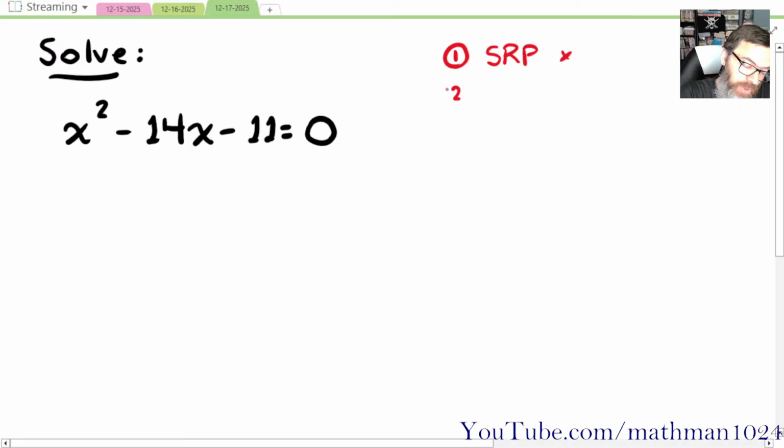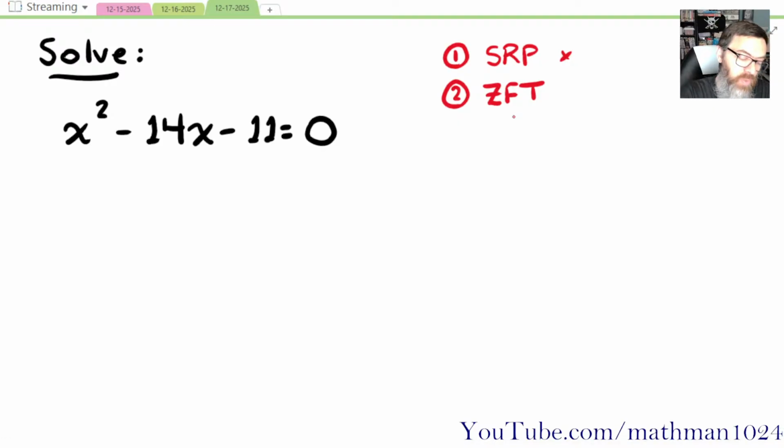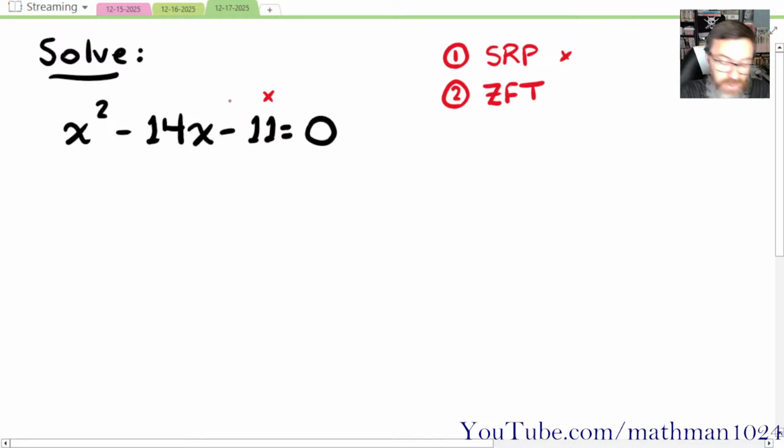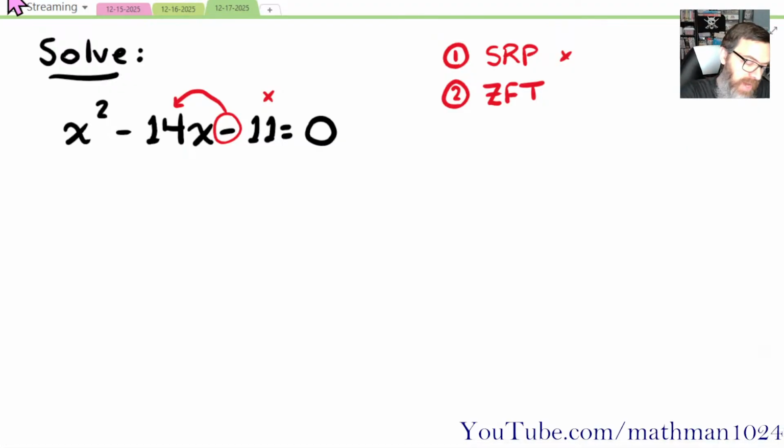The second thing that we try to do is see if we can use the zero factor theorem. Can we factor this polynomial? Well, we have a lead coefficient of 1, so we should be able to just look at this constant and see if we can find factors of the constant that will subtract to give us 14. But there's no way that's going to work. So factoring is going to be off the table.